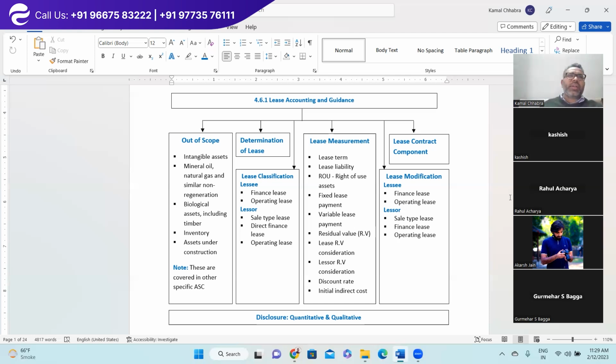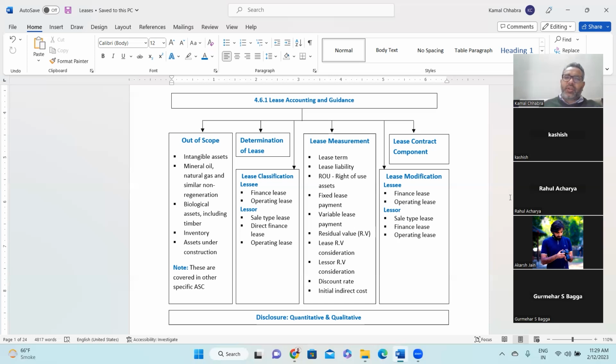How this arrangement works: if you are using up to 1,000 miles, you need to pay, let's say, $500 a month. If you are using 1,000 to 1,500 miles, you need to pay $700 as lease rent. If you are using more than 1,500 miles, you need to pay $1,000 a month.